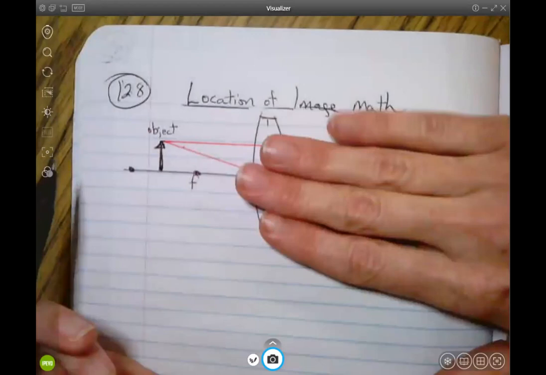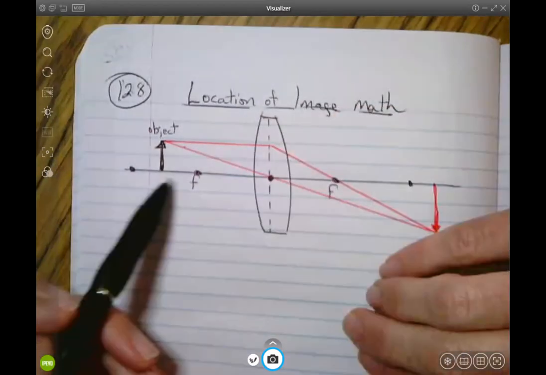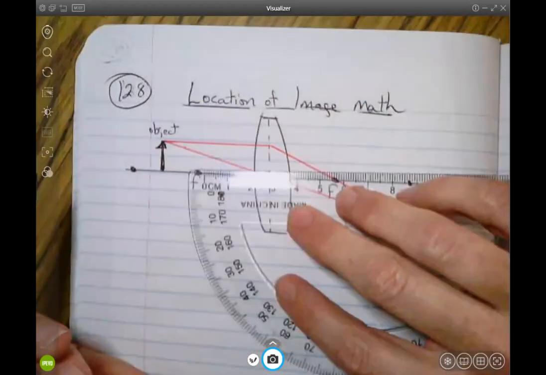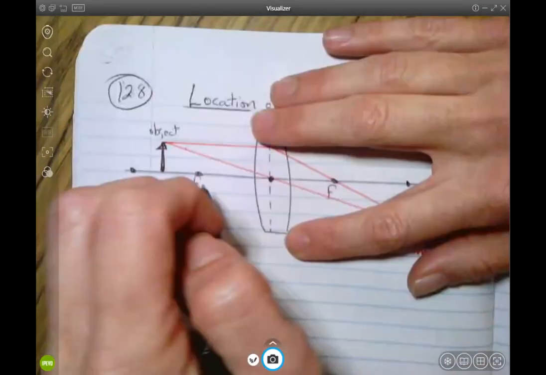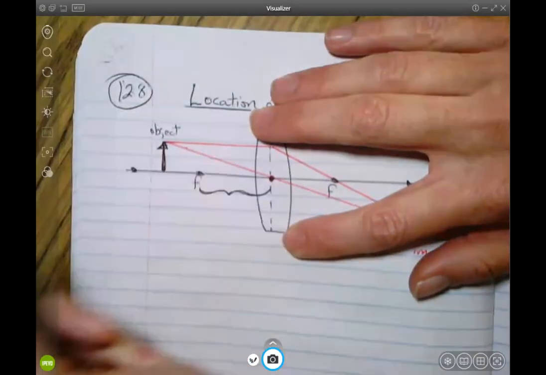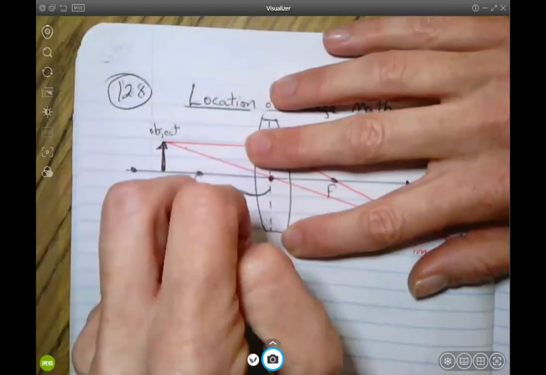So now when we do the math, we're going to look at these distances. This distance here from the center of the lens to F is called the focal length.